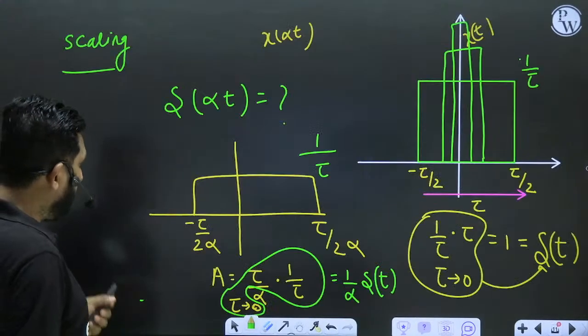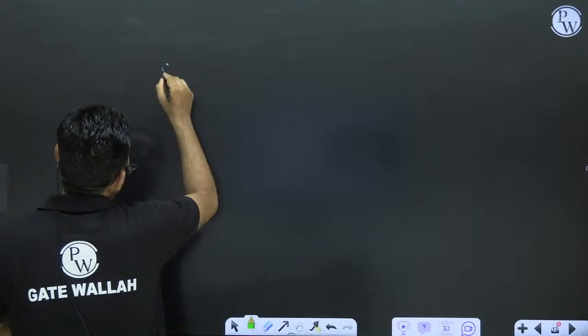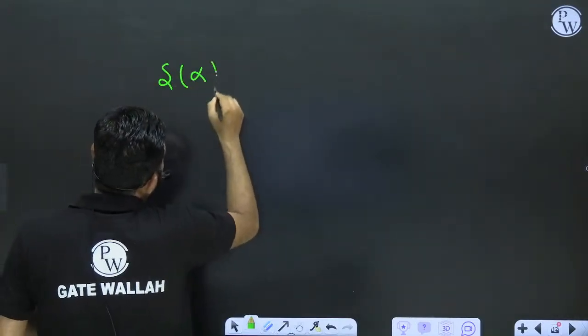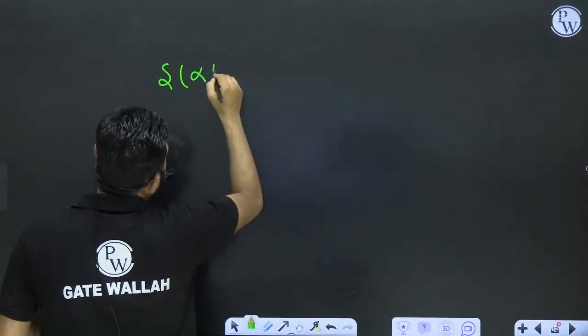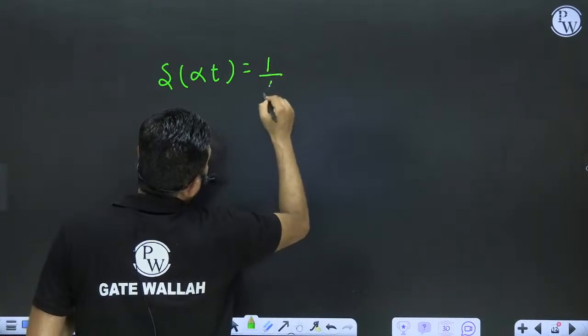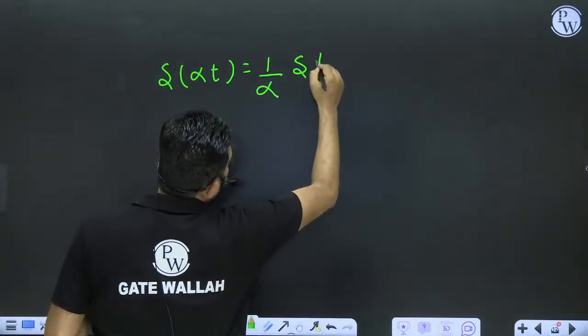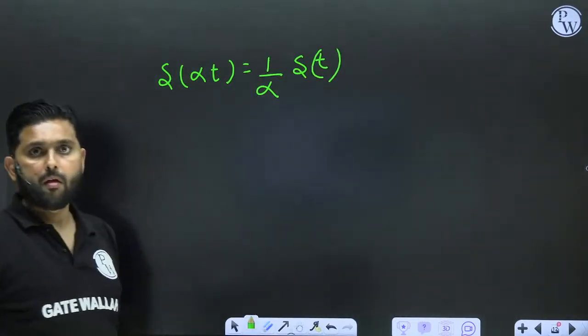So what I get till now is delta of alpha t is 1 by alpha delta t.